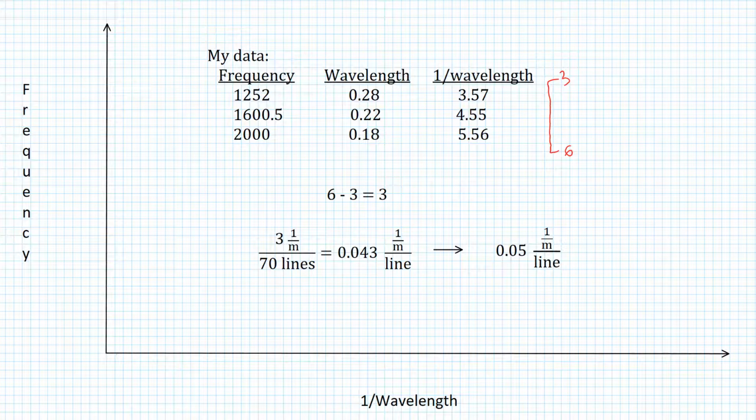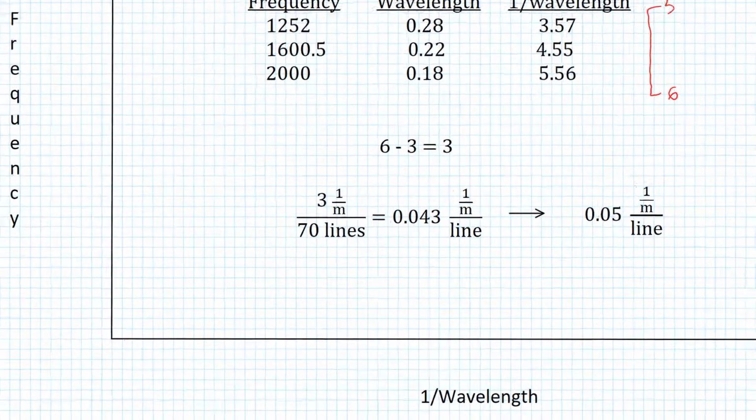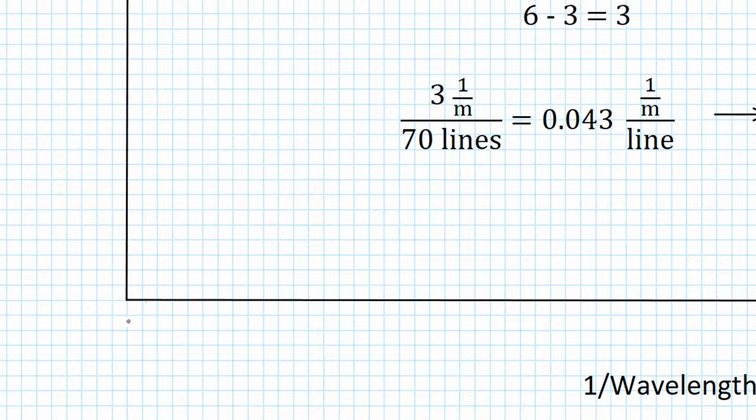What does that mean? It means if I start down here at 3, then the next line over is going to be 3.05, and then 3.1, 3.15, 3.2, and if I get up here to 10, that's 3.5, and another 10 lines puts me at 4.